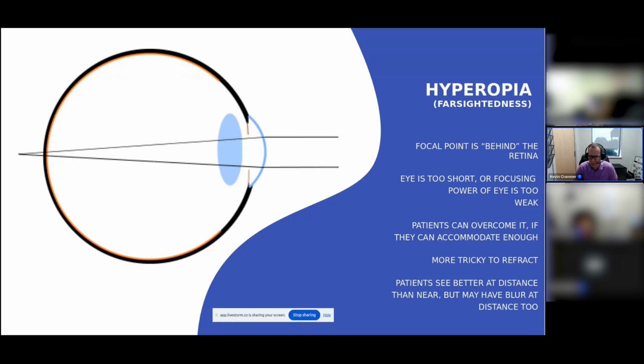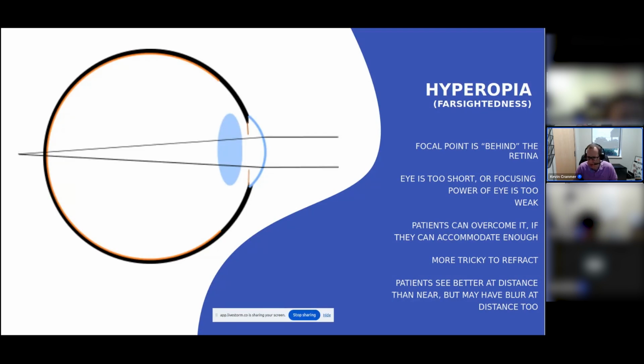The lens in their eyes becomes stiff, has become somewhat sclerotic, and they unfortunately lose that ability to accommodate, and they can't move the focal point forward. So you'll hear often where people didn't wear glasses before and now they need them. First, they'll need them for near. Later on, they'll need them for distance too.